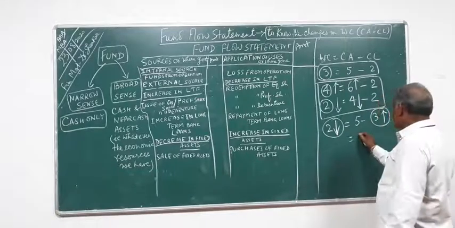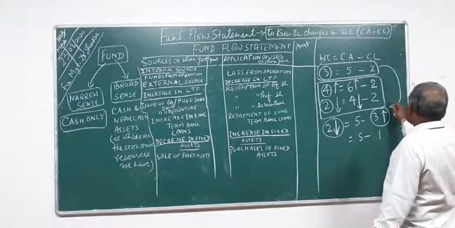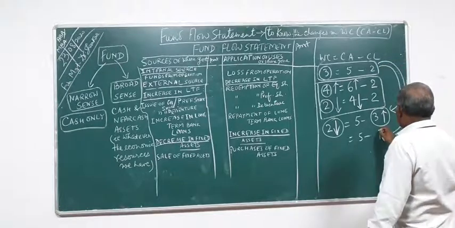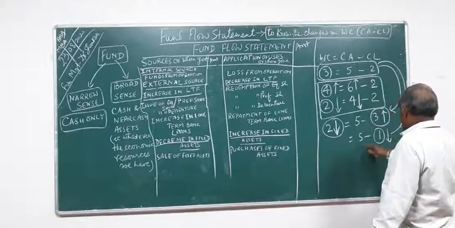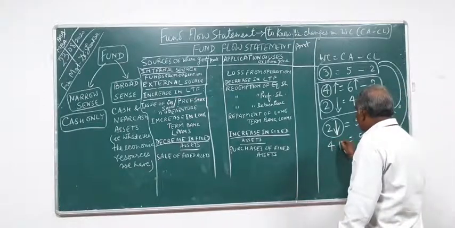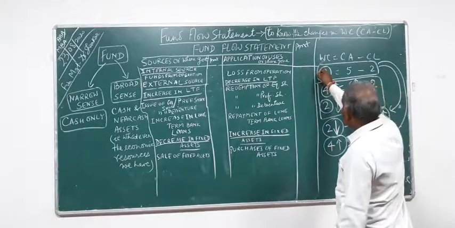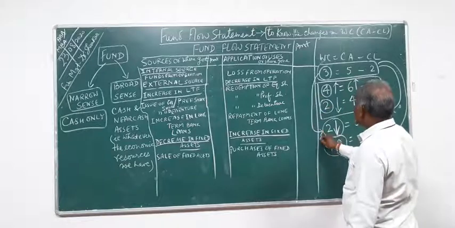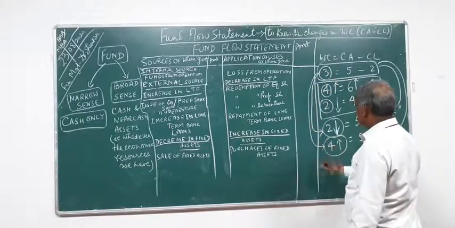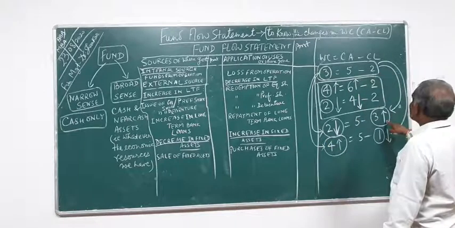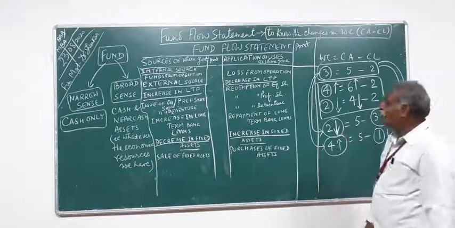Now I am decreasing current liabilities from 2 to 1. 5 minus 1 is 4. Current liabilities are decreasing and working capital is increasing.